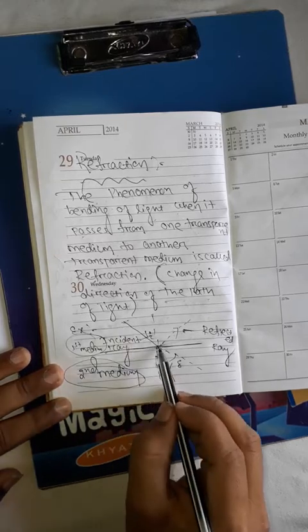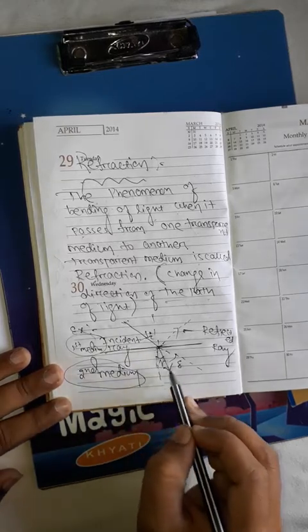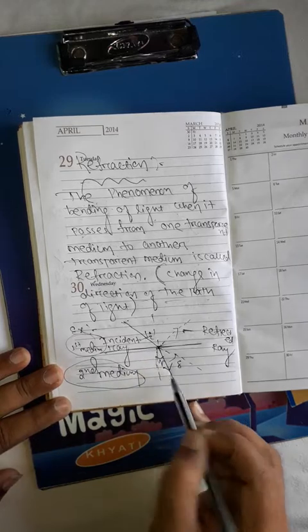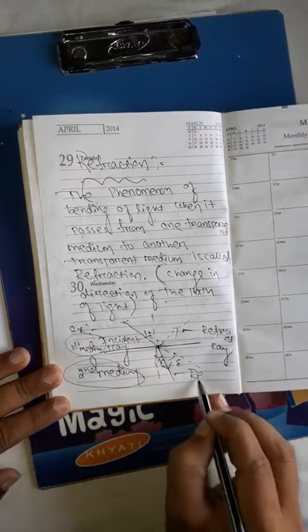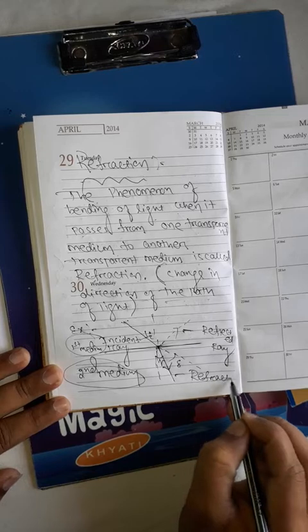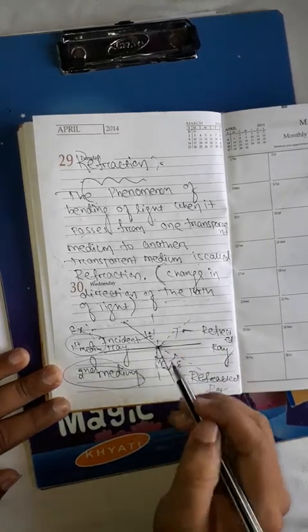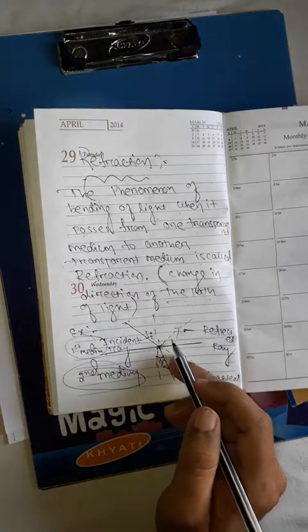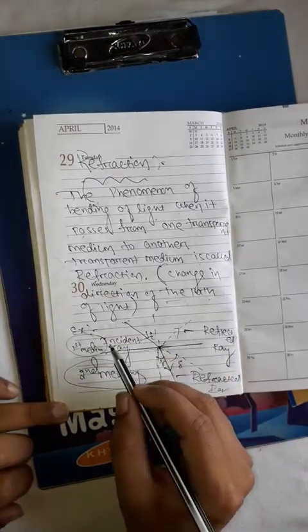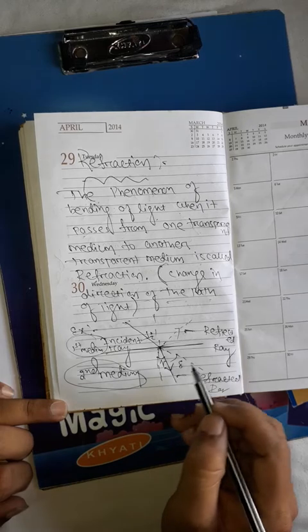When light travels from the first medium to the second medium, this line is the refracted ray, and there is a partial reflection, maybe 3 to 4%; the rest all undergoes refraction.